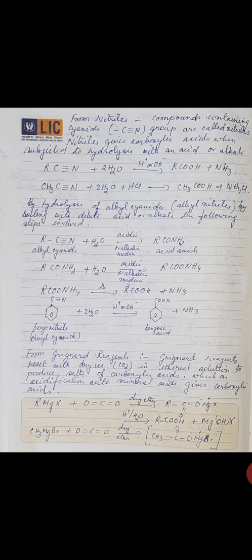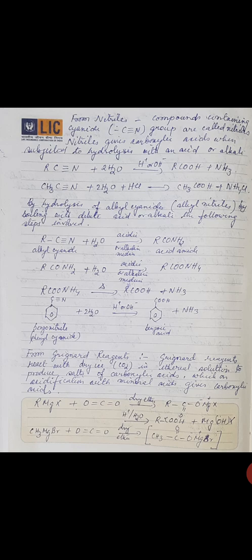This acid amide reacts with water in the acidic or alkaline medium and gives RCOONH4, that is the ammonium carboxylate. This ammonium carboxylate on heating gives acid, that is RCOOH, plus ammonia. So benzonitrile reacts with water in the presence of an acid or alkali and gives benzoic acid plus ammonia.